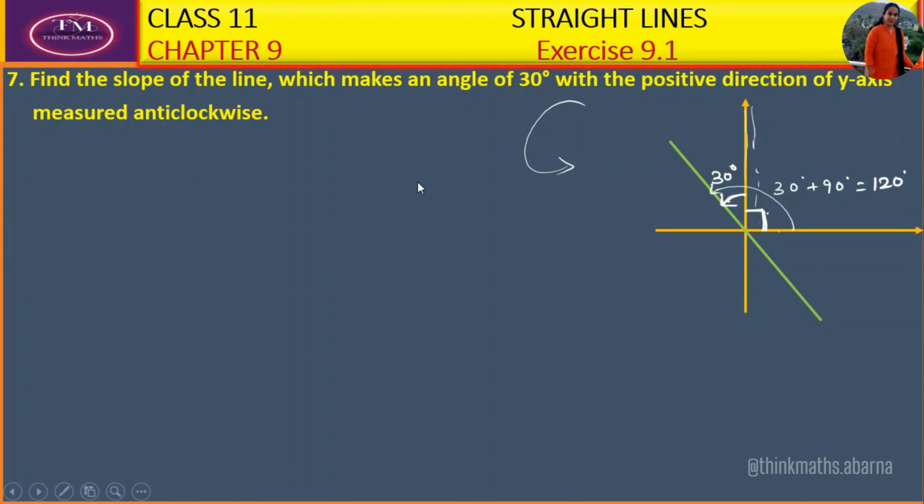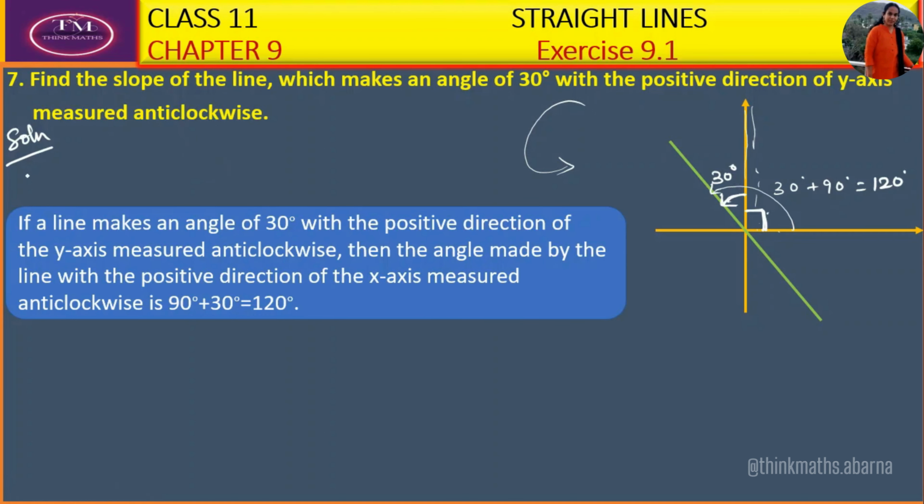So let me start the solution. We know that if a line makes an angle of 30 degree with the positive direction of y-axis measured anti-clockwise, then the angle made by the line with the positive direction of x-axis measured anti-clockwise is 90 plus 30, which is 120.